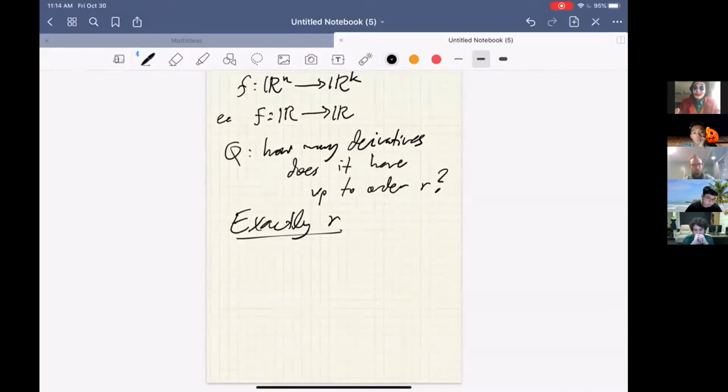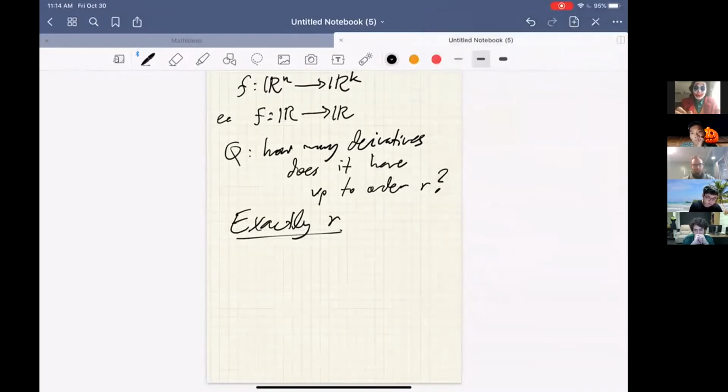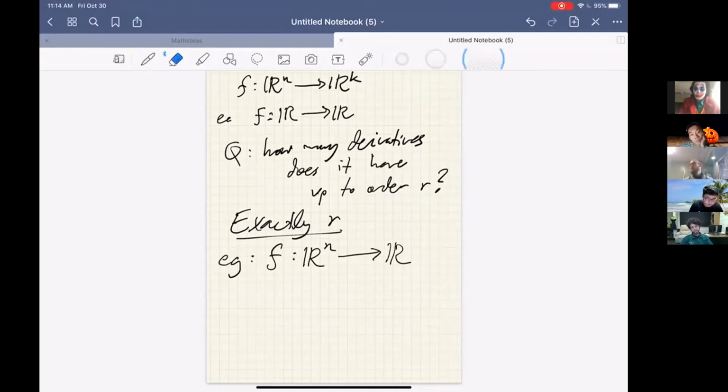Here's a harder question. Let's do the same question, but for a function from Rn to R. How many derivatives does it have? Up to order R. Well, let's do it for a given degree. So fix a degree R. How many derivatives does it have of degree R?